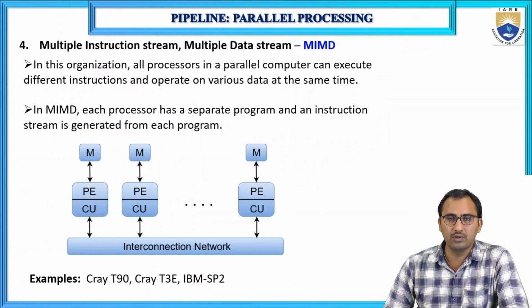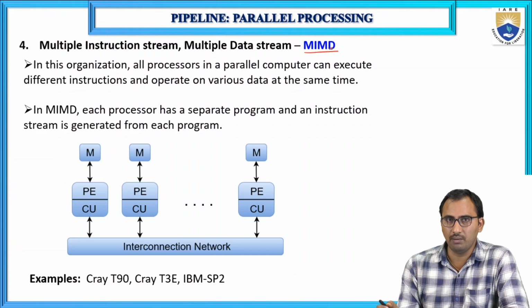And coming to the fourth classification of Flynn's classification, that is MIMD, multiple instruction stream and multiple data stream. So that means in this type of system, we are using multiple processors and multiple memories.